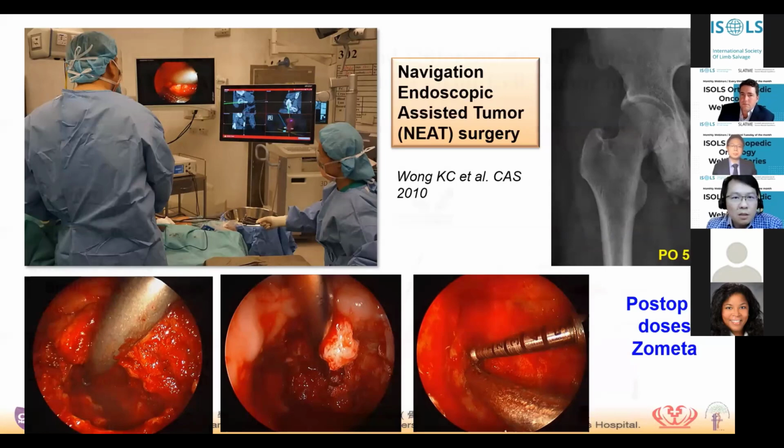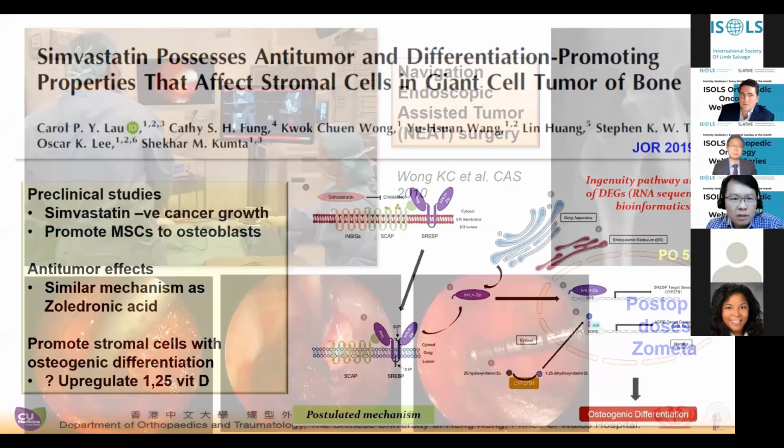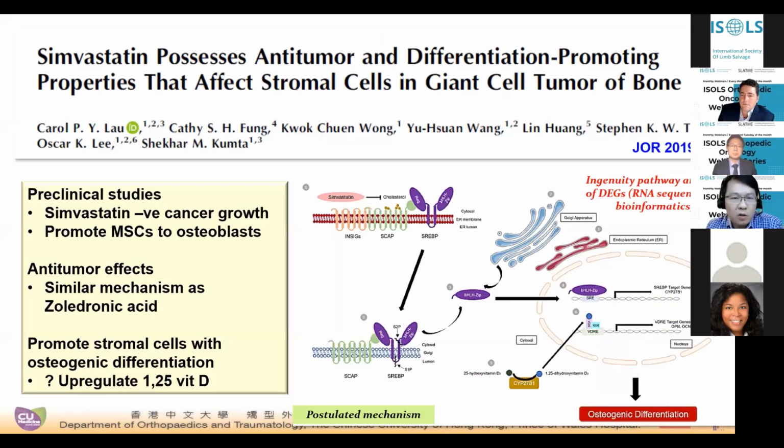So this is one of the studies we did after the previous study on the stromal cell part: whether any medical drug can have both an anti-tumor effect and differentiation-promoting properties. And we found that simvastatin, this anti-cholesterol drug, has an anti-tumor effect as well as promoting stromal cell differentiation.